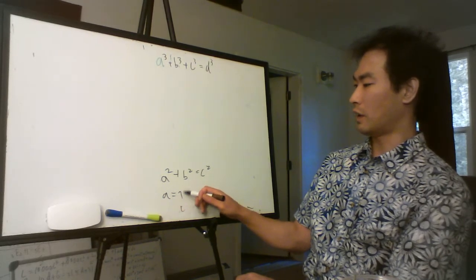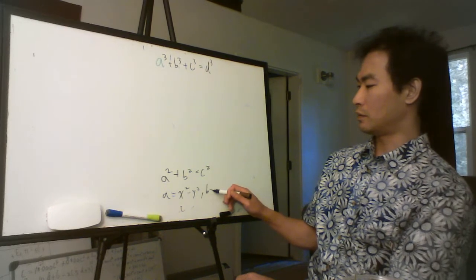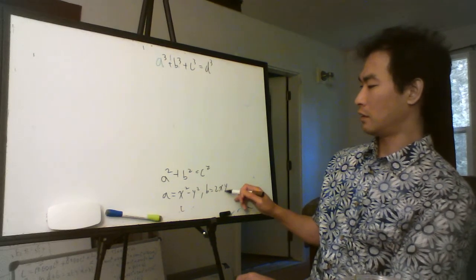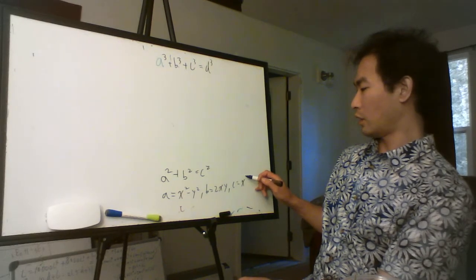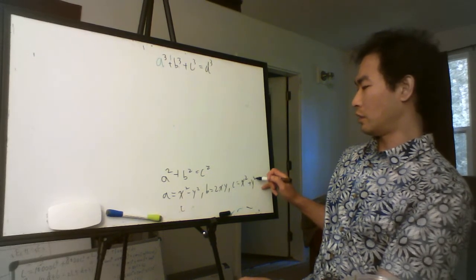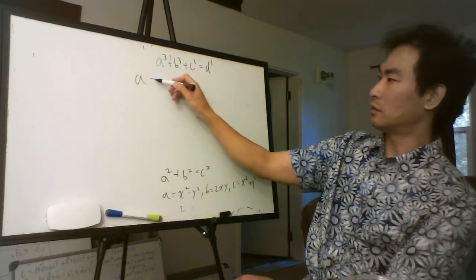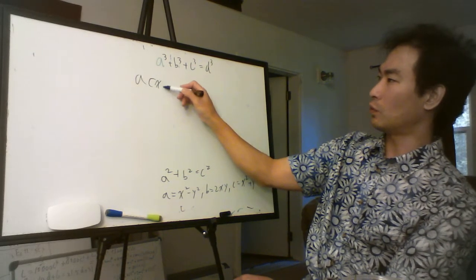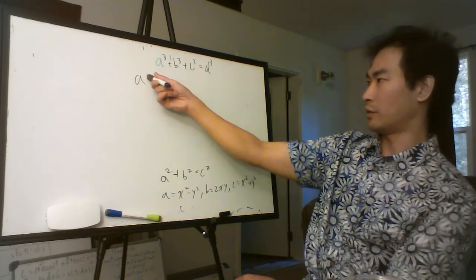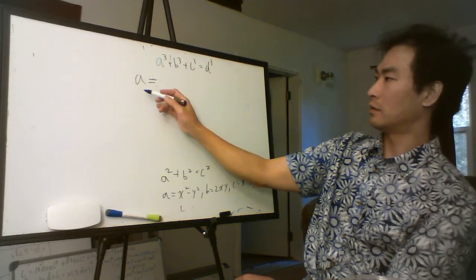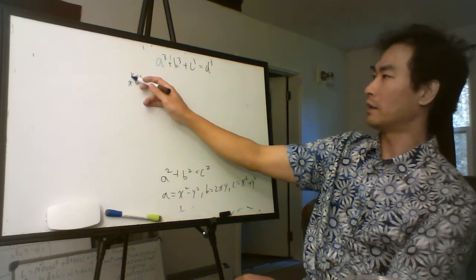A is x squared minus y squared, B is 2xy, C is x squared plus y squared. We want to design A as a function of x, y, z. A has three variables: X, Y, Z.